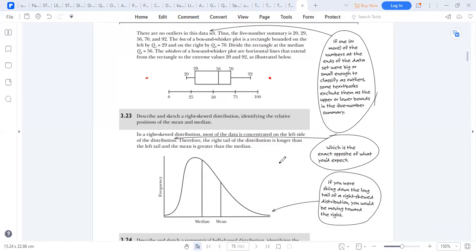By observation of the interquartile range, you look at where the box is bigger. It's larger here, smaller there. If it's larger on the left, it is skewed to the left. If it's larger on the right, it's skewed to the right. So this one is skewed to the left.